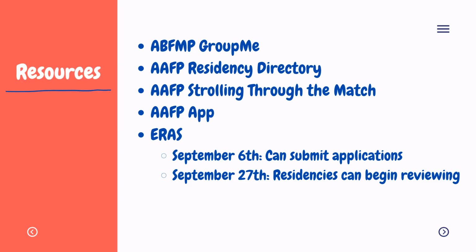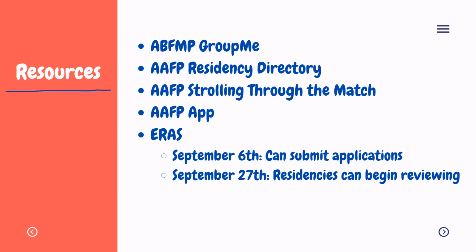You can often use different filters, like a certain state, or a certain type of program like urban, suburban, or rural. Another filter the AFP uses is 4 years. There are some programs that are 4 years, and they will list all the 4-year programs, if that's something of particular interest to you.